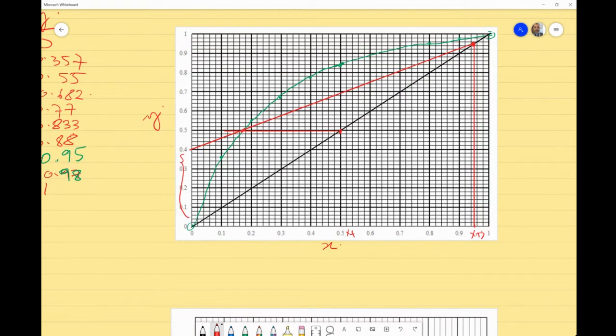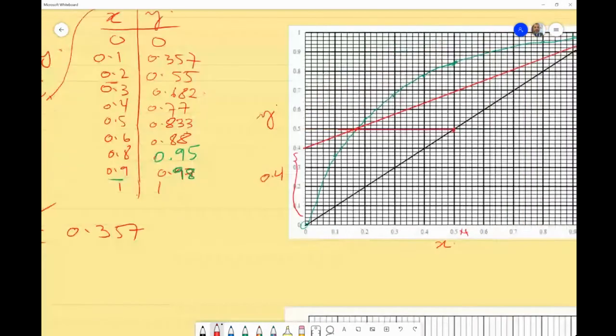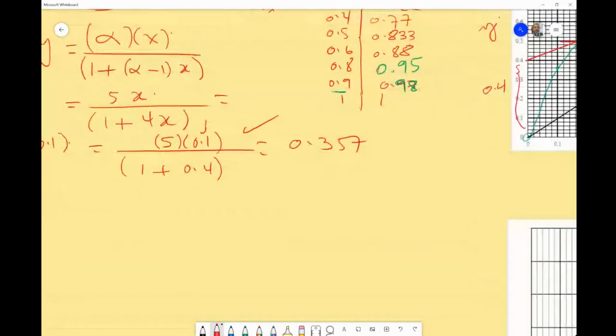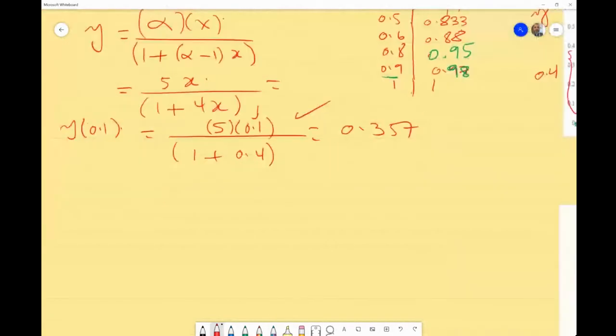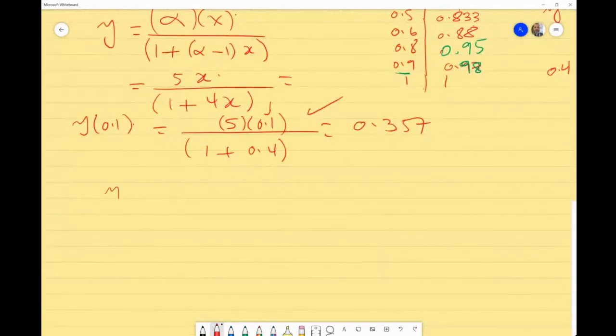Yeah. If I was in the exam, I would say this one is 0.4. I don't have to try, because what you have in the slides is extracted from the Excel sheet. So if you say it's going to be 0.4 here, now you know what this 0.4 is representing. You go back to the equation of the operating line. So we know the operating line is what? It's basically y.